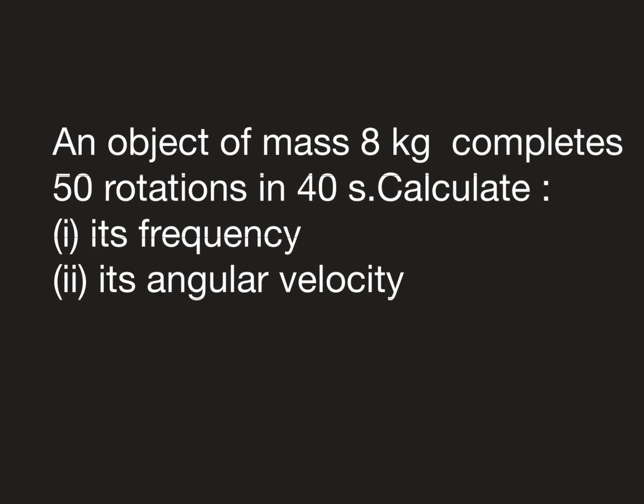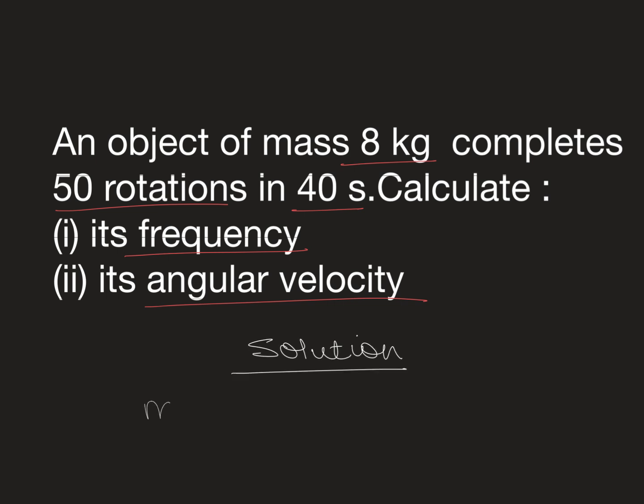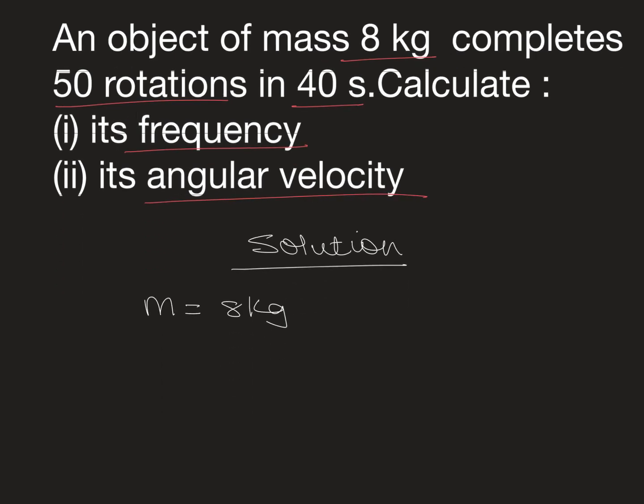An object of mass 8 kilograms completes 50 rotations in 40 seconds. Calculate its frequency and its angular velocity. Solution: the mass of the object is 8 kilograms.